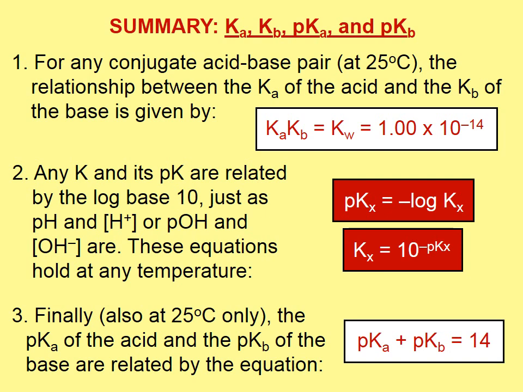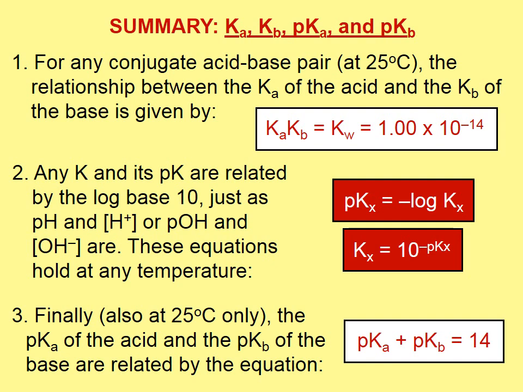Let's summarize. 1. For any conjugate acid-base pair at 25 degrees Celsius, the relationship between the Ka of the acid and the Kb of the base is given by that expression there. Their product is 1 times 10 to the negative 14th. 2. Any K and its pK are related by the log base 10, just as pH and H ion concentration, or pOH and OH ion concentration are.